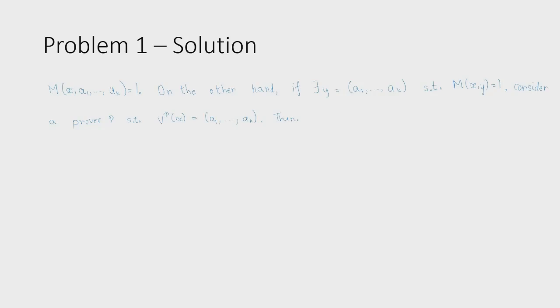X is in L if and only if there exists Y in {0,1} to the polynomial size.